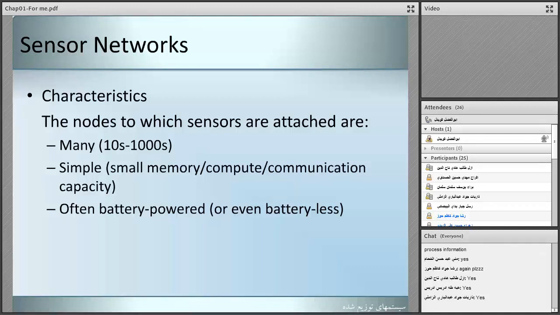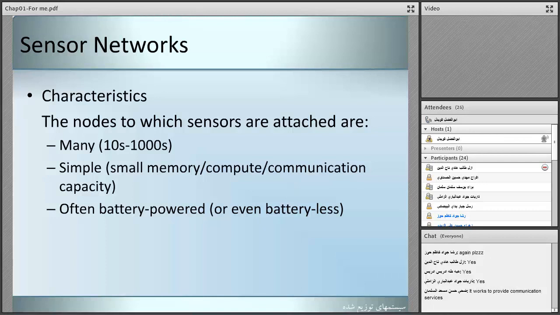The goal of this sensor network is to monitor and track the movement of animals in the forest, to see in which places animals often go.